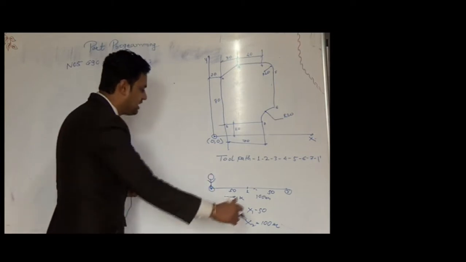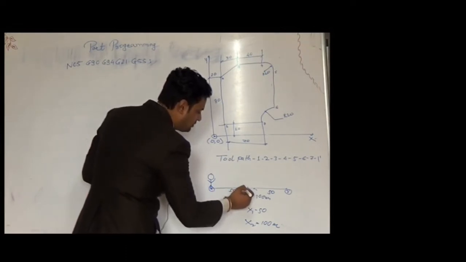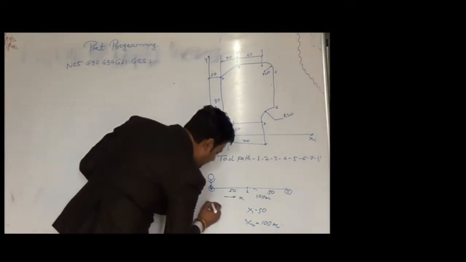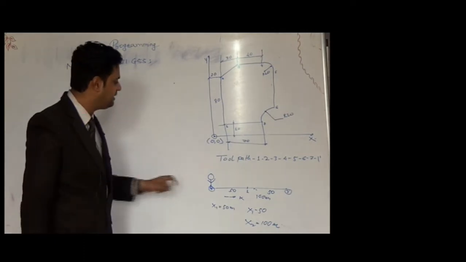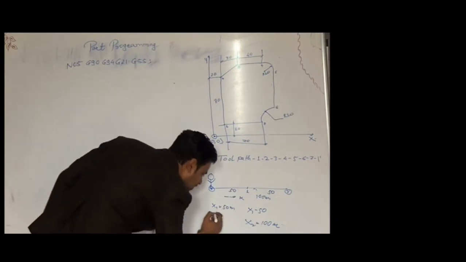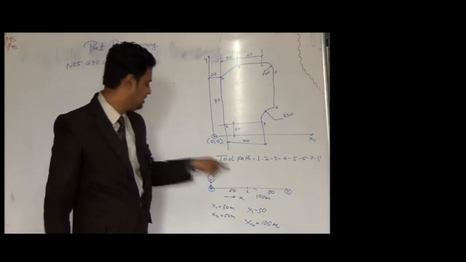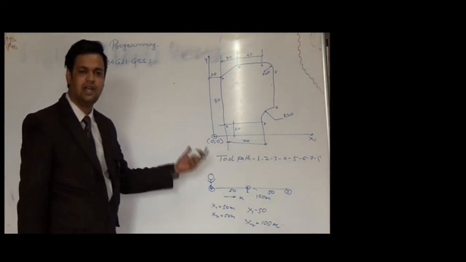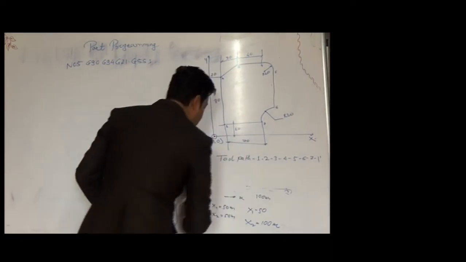In the incremental coordinate system, the difference is that when I move from this origin point to station number 1, I will write X1 equal to 50 meter. Then from station 1 to station 2, I will write again X2 equal to 50 meter. So it takes the last position as its origin. That will be either X, Y or Z.